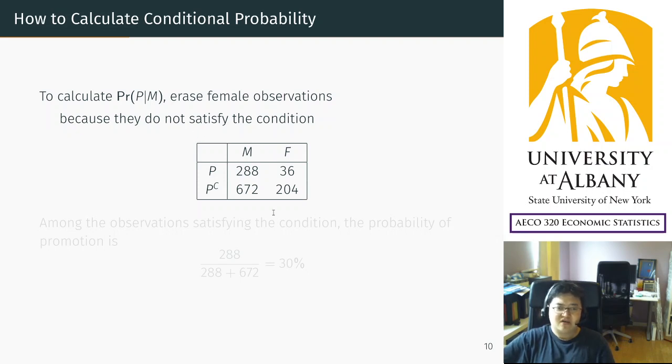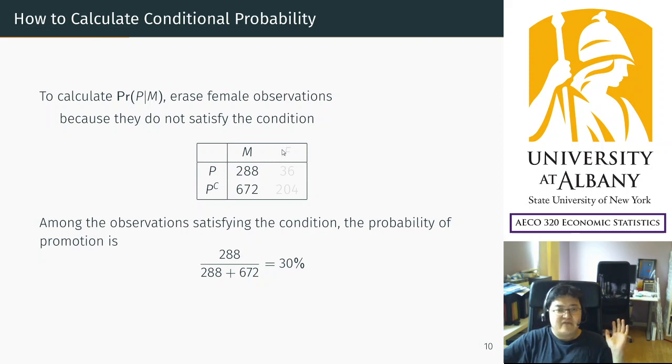In this 2x2 table, only the first column satisfies the condition. As I said, the condition is man. So I suggest erasing the others. The female observations are not relevant to what we are calculating. We are calculating a probability conditional on man, so female observations are useless when you calculate conditional on M.